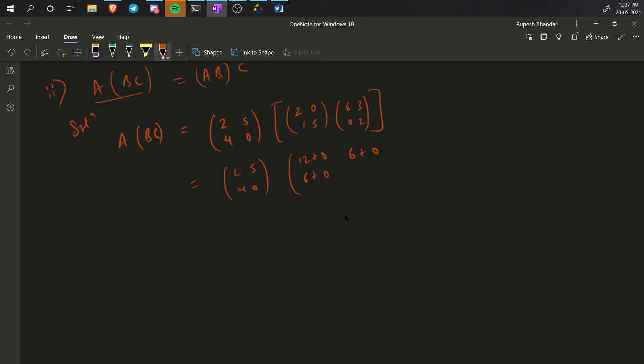And then 1 times 3 plus 10. 2540 multiplied by this is going to be a bigger number. 24 plus 30, 48 plus 24, 12 plus 30. I should have checked this thing properly first of all.